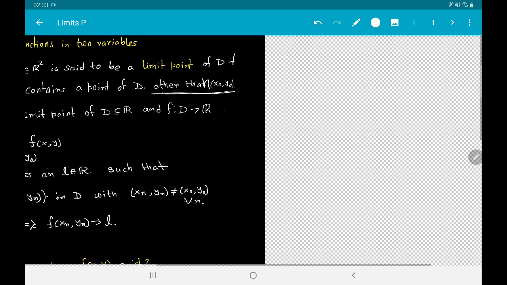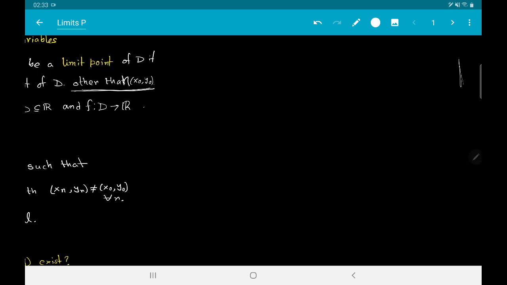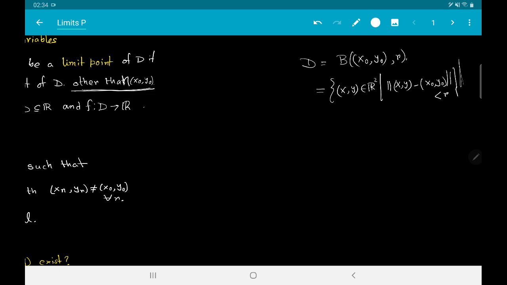So I have said that a limit point need not be a point in the set. Let us draw some pictures in order to understand these things correctly. Suppose I have D to be exactly B((x0, y0), r). What is the description of this set? This contains all the points (x, y) in R2 such that the norm of (x, y) minus (x0, y0) is less than r.